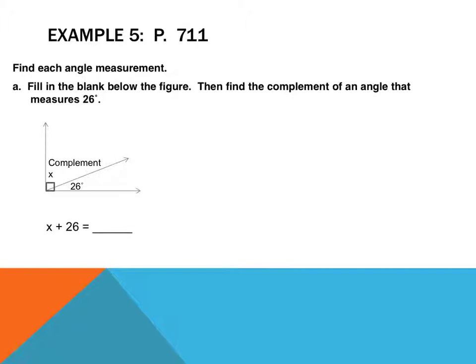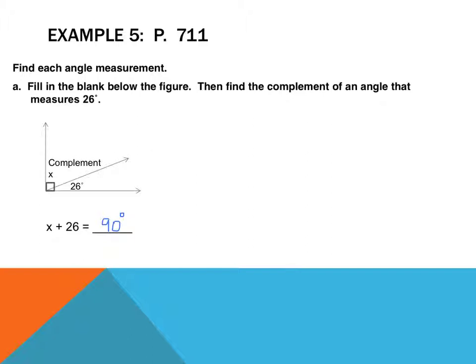Fill in the blank below the figure, then find the complement of an angle that measures 26 degrees. So x plus 26 equals, if we look at the picture, they form a right angle. So x plus 26 is equal to 90 degrees.